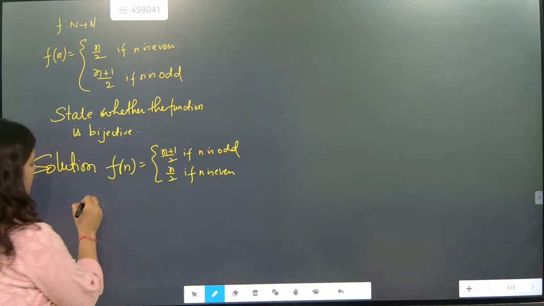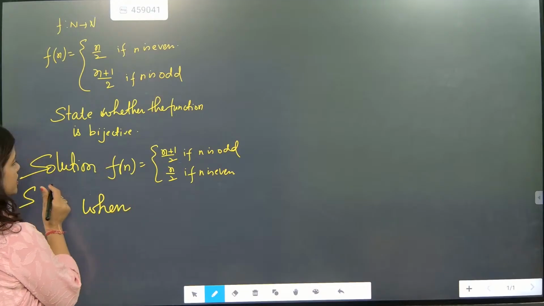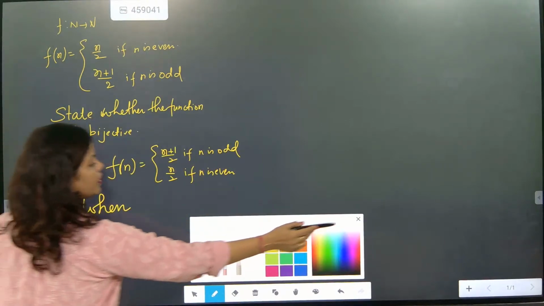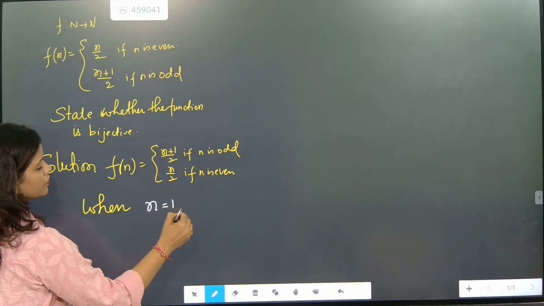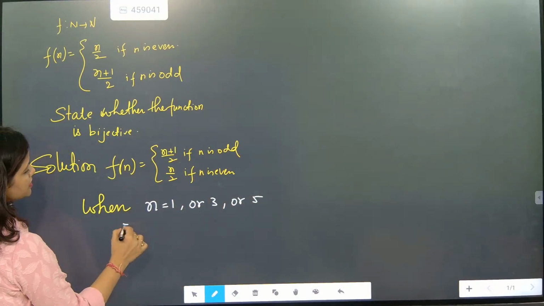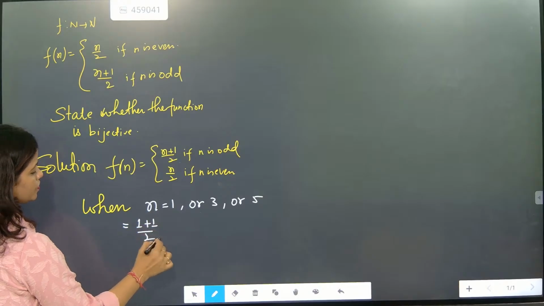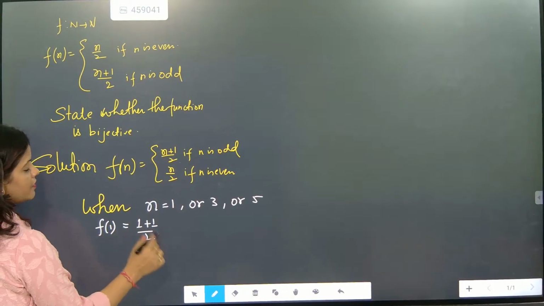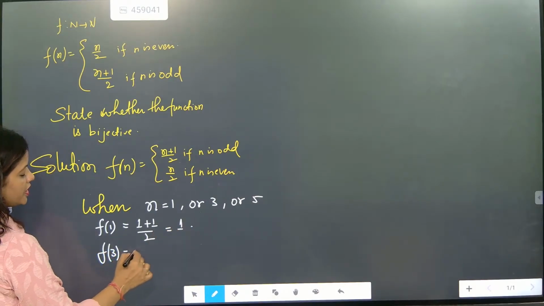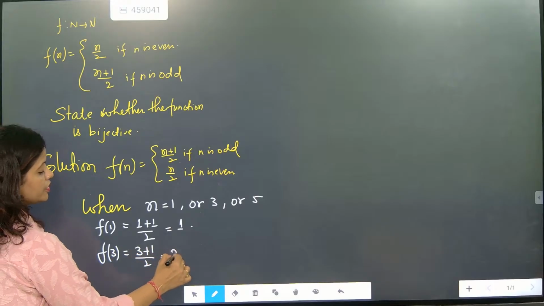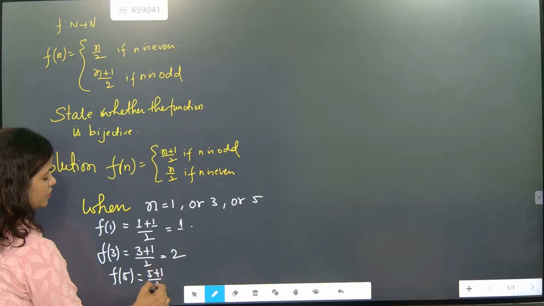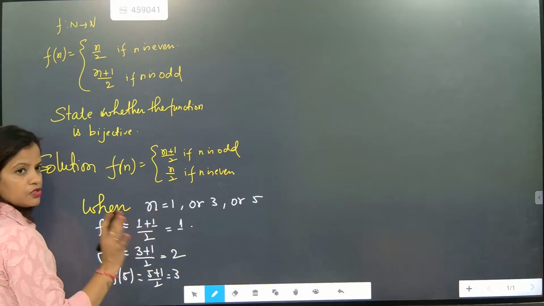When n is equal to 1 or 3 or 5, the function will be (n plus 1) by 2. f of 1 will be (1 plus 1) by 2, so it is coming as 1. f of 3 is (3 plus 1) by 2, so it is coming as 2. f of 5 is (5 plus 1) by 2, it is coming as 3. Understood?